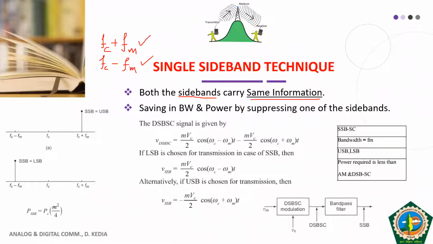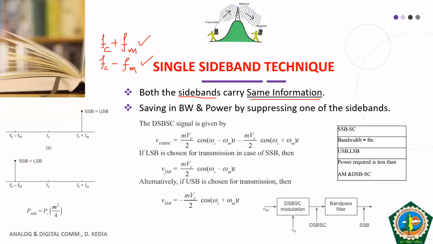Once we removed carrier, we were left with two sidebands. Now these two sidebands are also identical. Though their frequencies are different, we are mainly concerned with the frequency of the carrier signal as well as the modulating signal, and the modulating signal is common in both the sidebands. So we can think of removing one of the sidebands also.